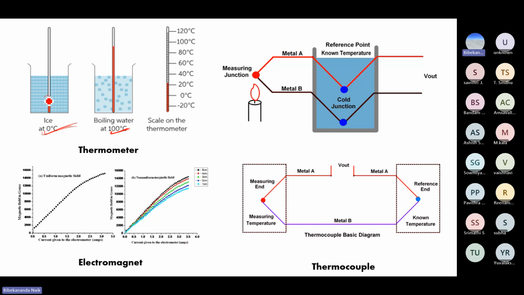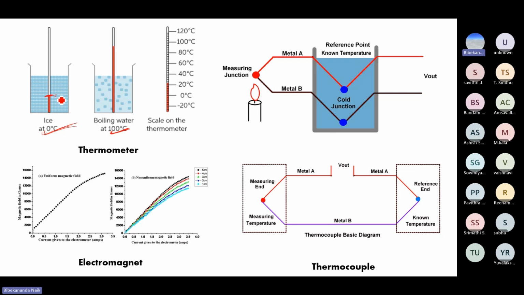When you want to calibrate a thermometer, take a simple thermometer, fill mercury in a capillary tube, and place it in ice and wait for a few minutes so that the value stabilizes. Suppose the mercury rises up to this mark.